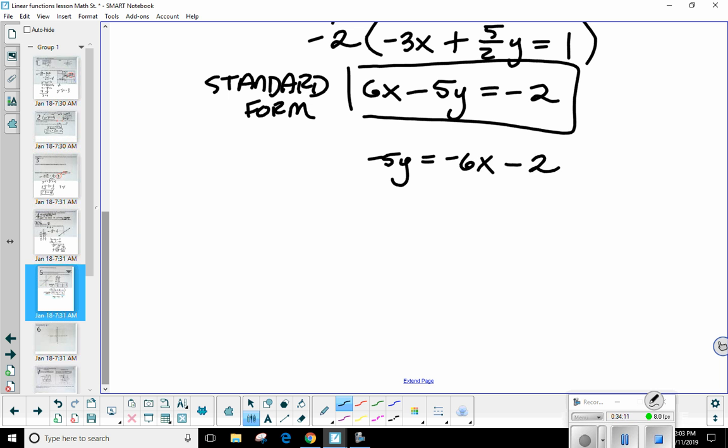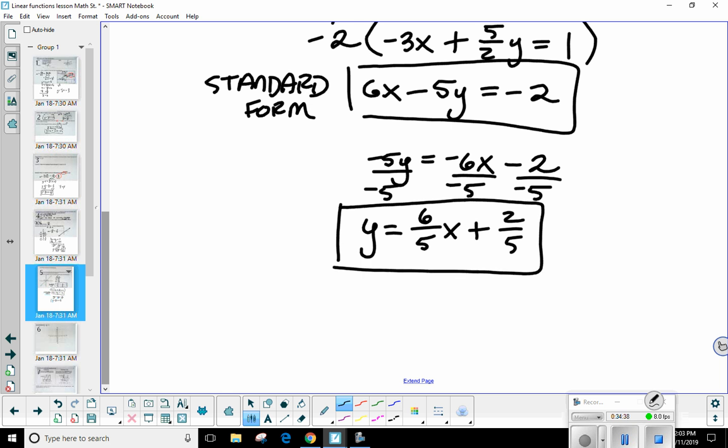Now what? Okay, divide through by negative 5. So that would be y equals, what would be my slope? 6/5. So that would be 6/5 x plus 2/5. Okay, so that right there is slope-intercept.